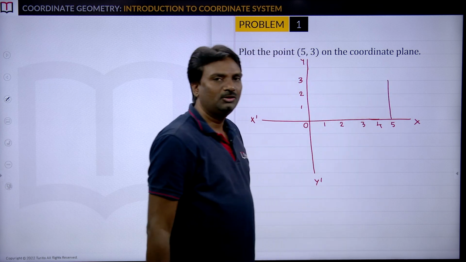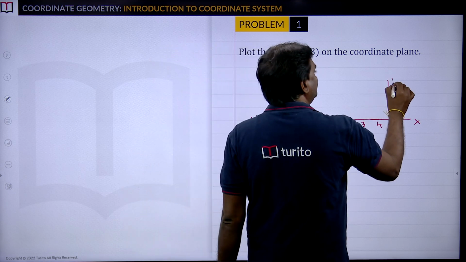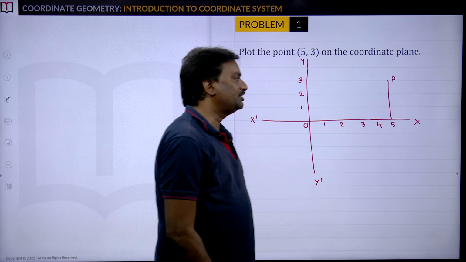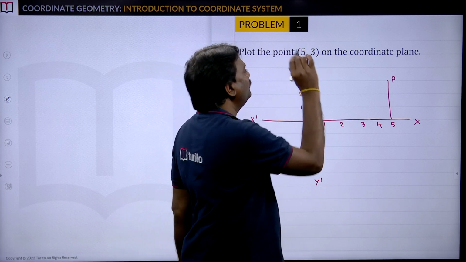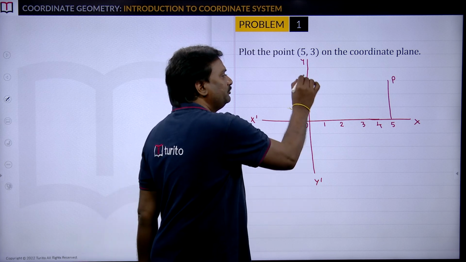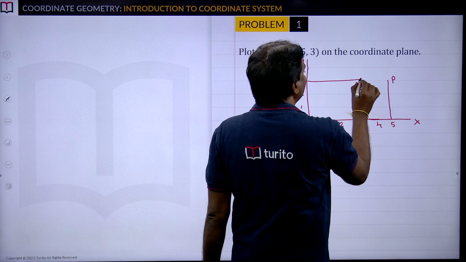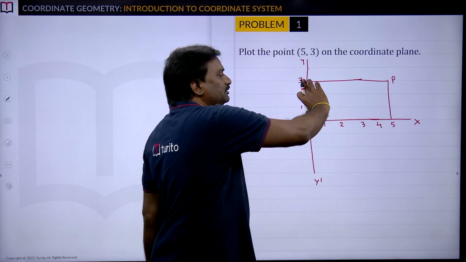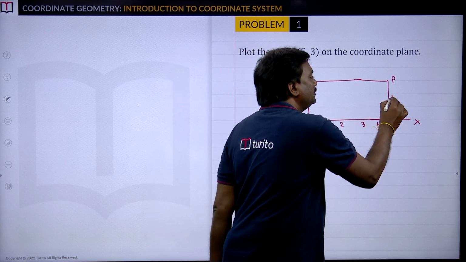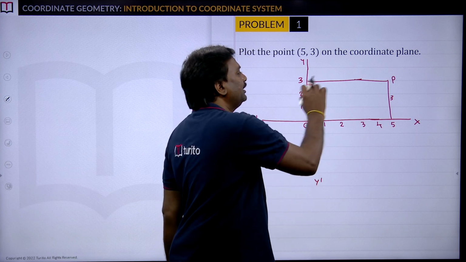Suppose this is the point P, where the distance from the x-axis to P is the y coordinate, 3. So this is 3 units. Since this distance is 5 units, we take this as 5.